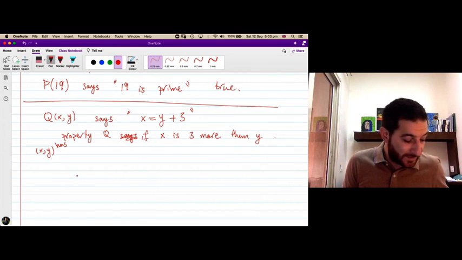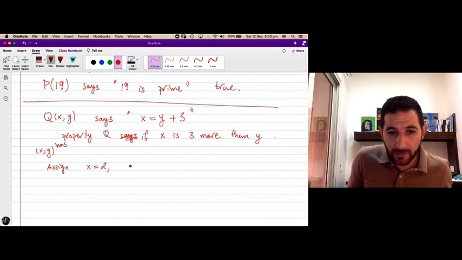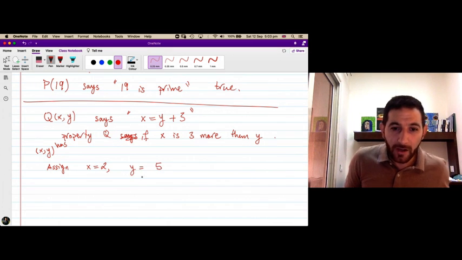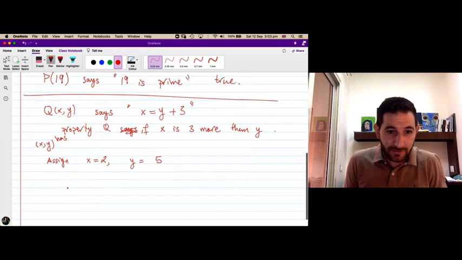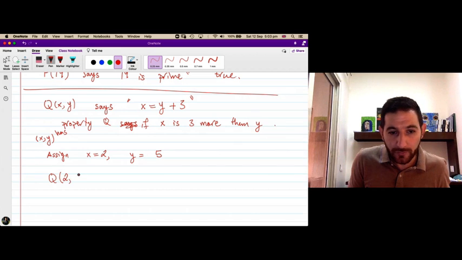So for example, let's assign x to be 2. So assign x to take the value 2 and y to take the value 5. How do we express this? Since we said Q(x, y), this assignment is expressed as follows: Q(2, 5).